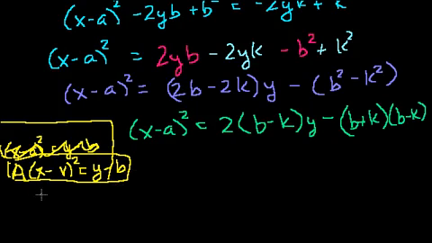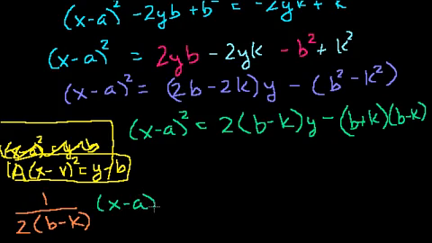1, let me do it down here so I have some space. 1 over 2 times b minus k times x minus a squared is equal to, well, I'm dividing this by 2 times b minus k, so that goes away.